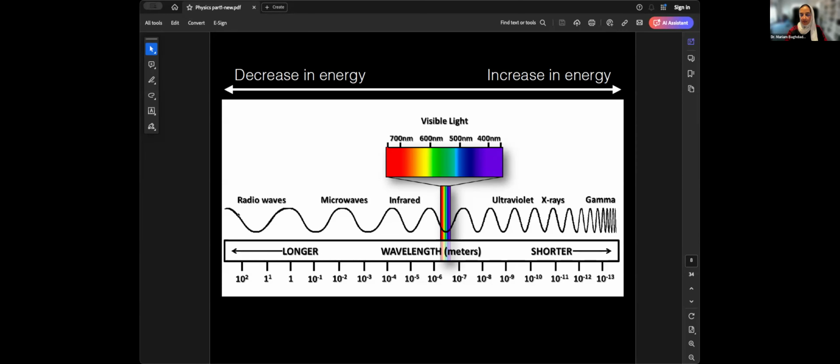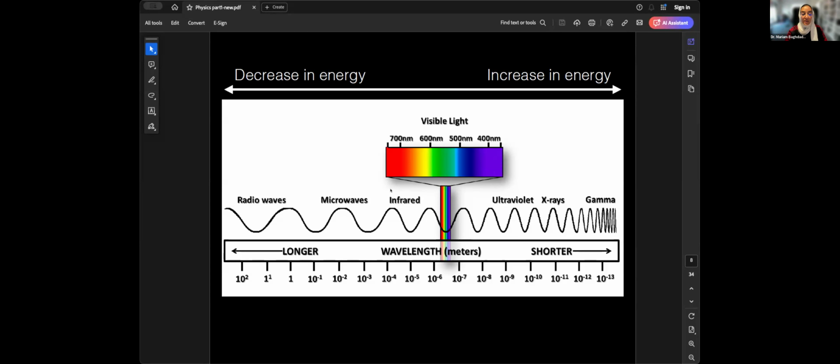The least amount of energy, for instance, is in radio waves, right? These are long wavelengths that can move very long distances, correct? Then as we move forward, you start seeing a little bit more energy and smaller wavelengths in microwaves, which produce heat. This is the main thing that produces heat.